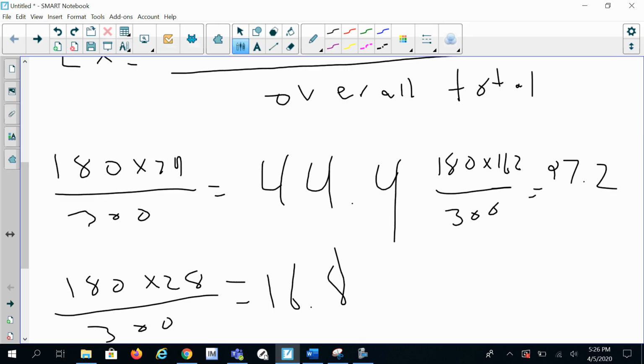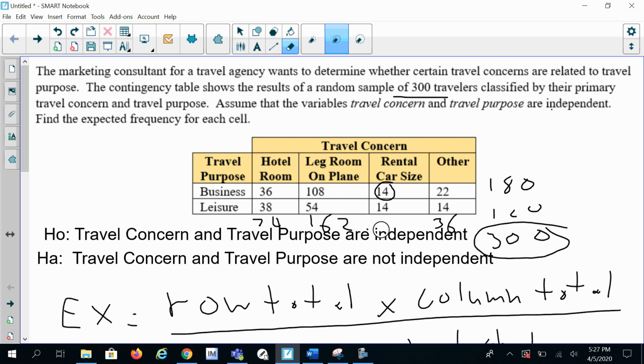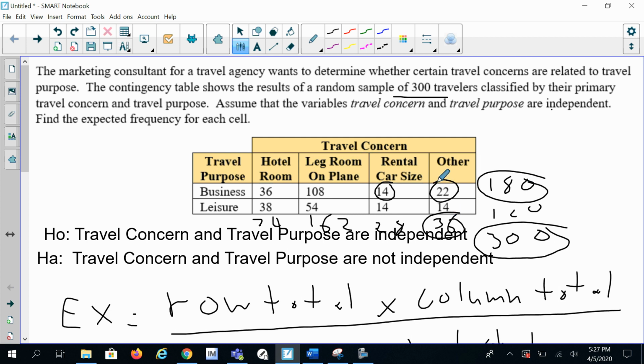And then my final one, which is going to be for the 22. Let me erase these first. For the 22, we have to do 180 times 36 divided by 300. That's the row total and the column total for the 22, the business other.